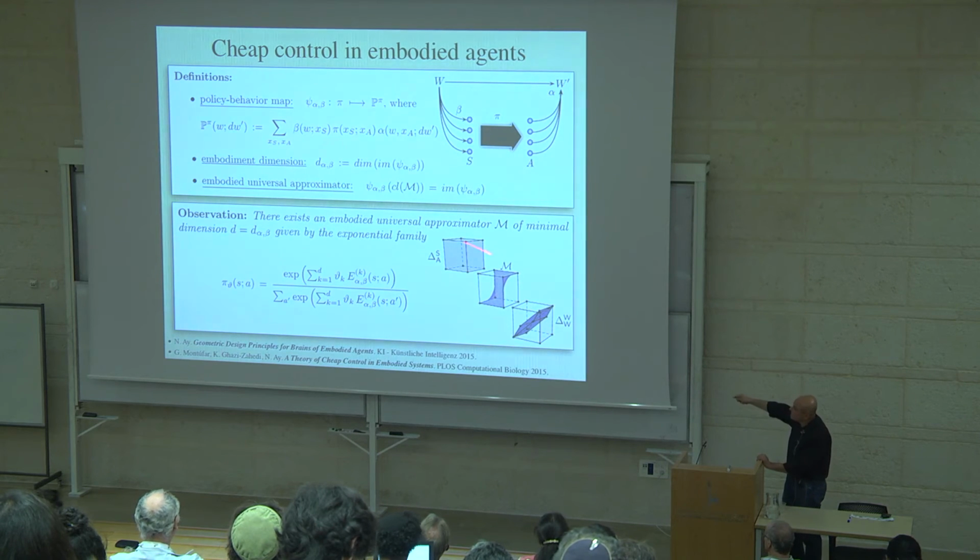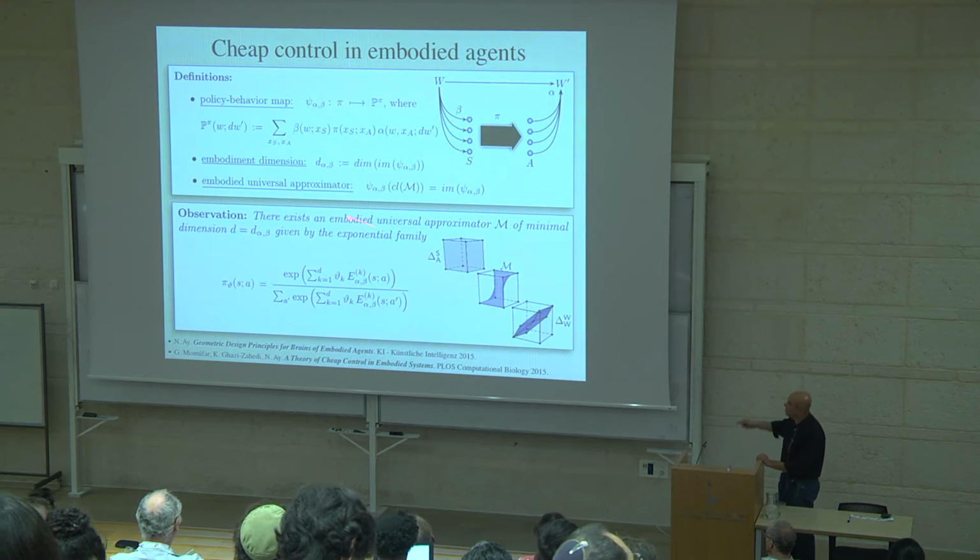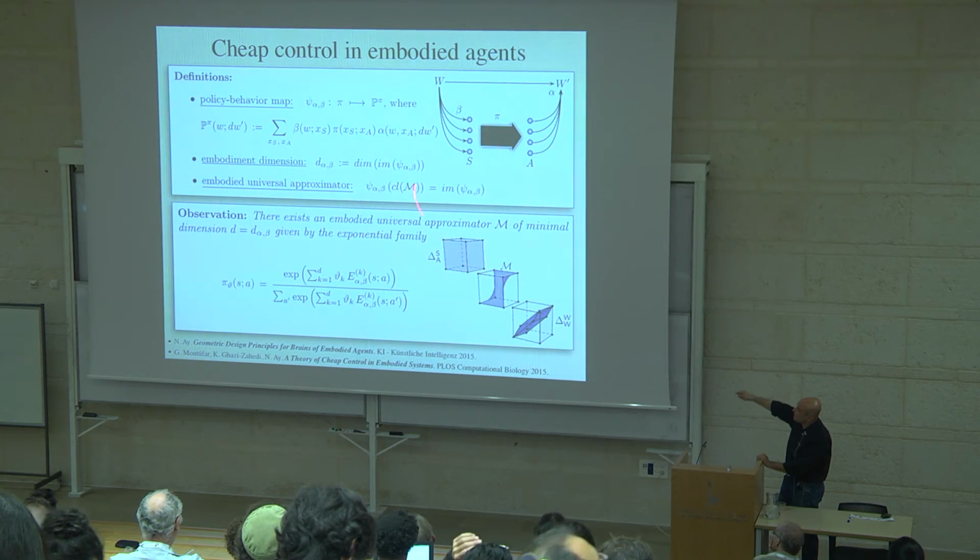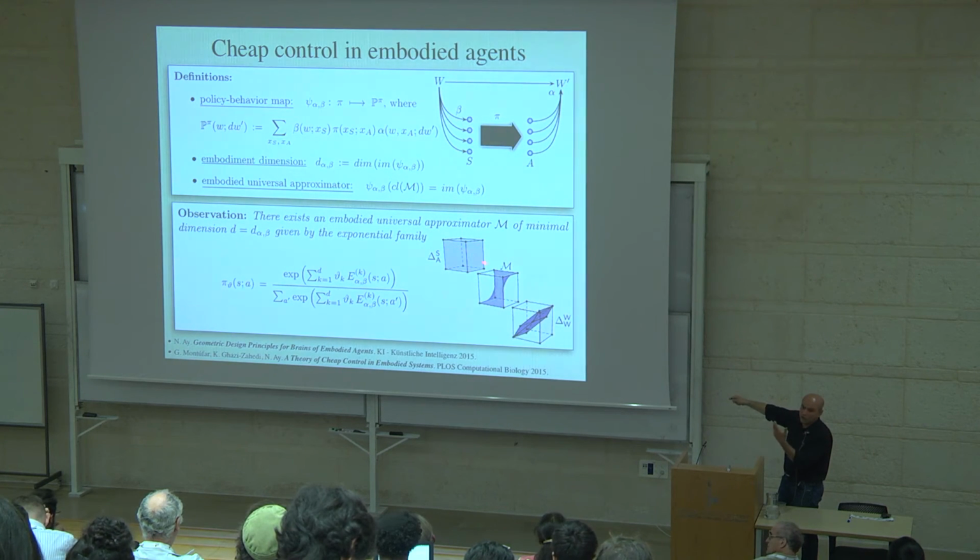And so here's an image of an embodied universal approximator. Here we have the polytope of all matrices from S to A. This is basically this huge dimensional object that I was talking about before. So if you want to model all policies within that polytope, you need an exponential number of hidden nodes.